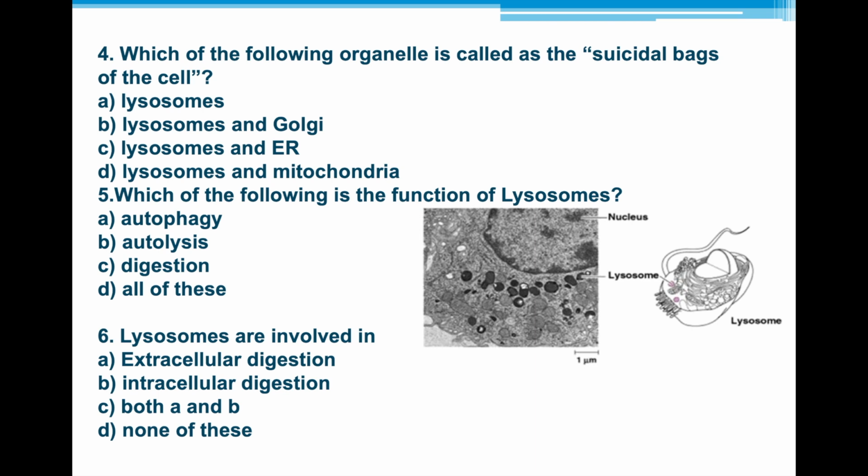Which of the following is the function of lysosomes? Options are autophagy, autolysis, digestion, all of these. Last question is, lysosomes are involved in extracellular digestion, intracellular digestion, both A and B, and none of these.